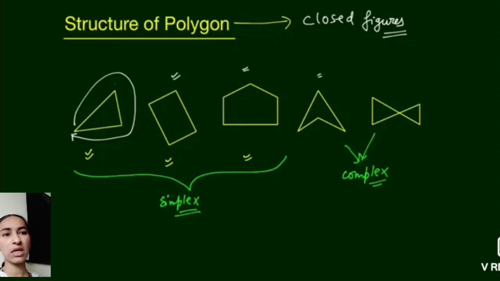In the second, third, fourth and fifth also, all are closed figures. So they are called polygons. If the figure is closed and made by line segments, then that is called a polygon.